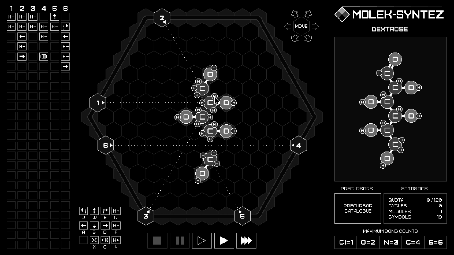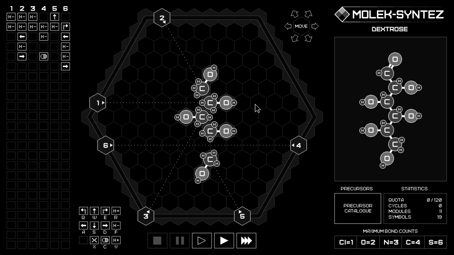Unlike before, where I had to stop the instructions at the last one, because of course it would input the wrong molecule. Because originally in Molek-Syntez we're only given specific levels with fixed molecules that you're required to produce out of the precursors.